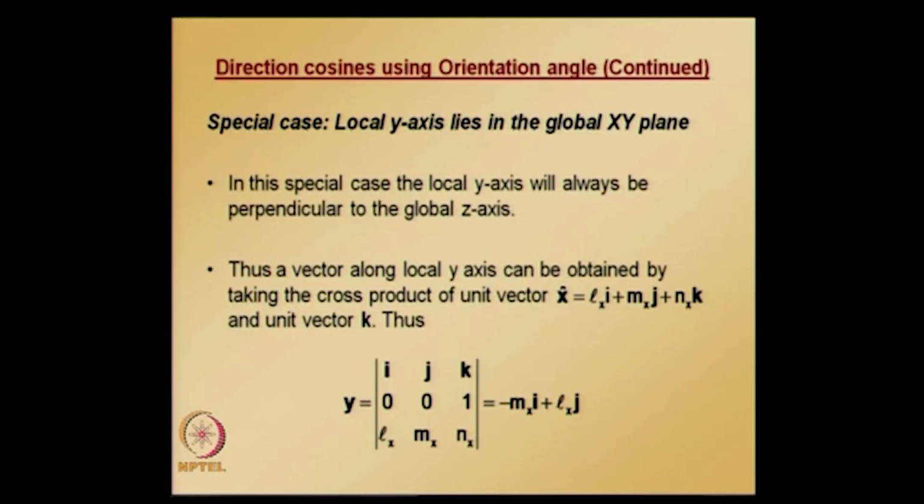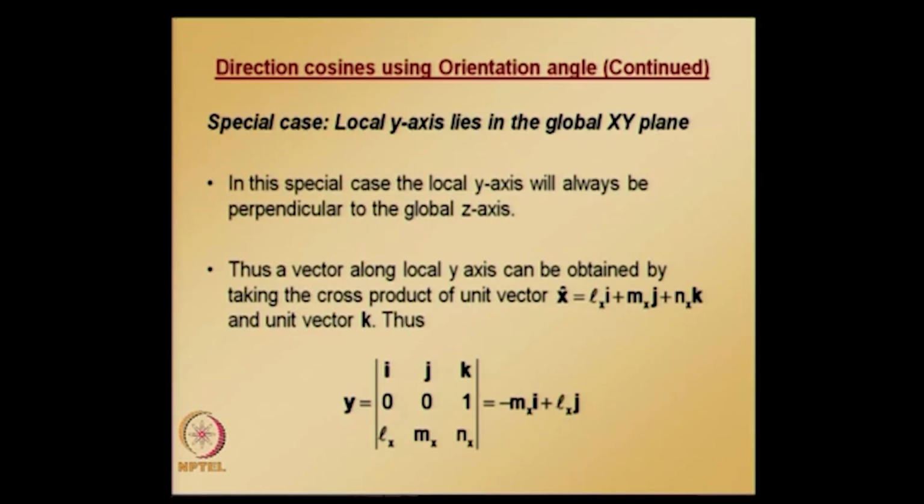So, with this, we got the unit vector along local x axis, and we are dealing with a special case in which the local y axis is in the same plane as the global xy plane, so the local y axis is going to be perpendicular to the global z axis, and a unit vector along global z axis is given by k.